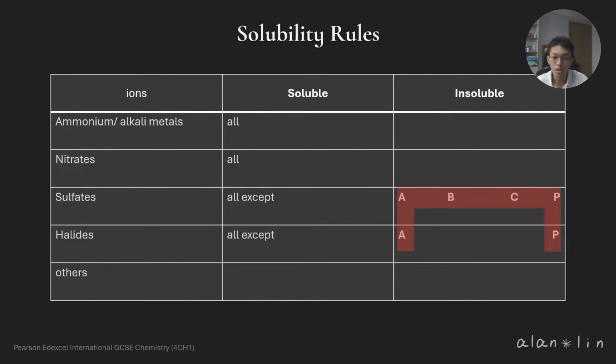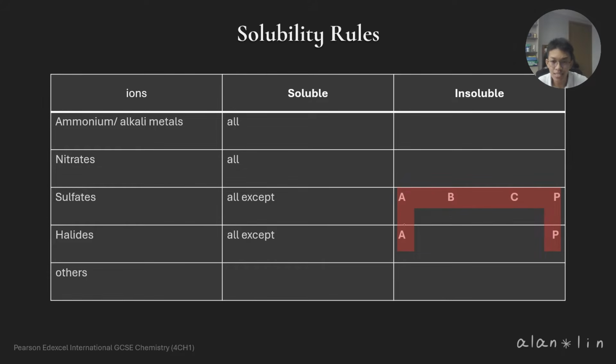Now what about the scenarios in which these exceptions apply? Well, these exceptions of being insoluble are going to apply when the sulfates or halides are paired with certain cations. And these cations are A, B, C, P for sulfates, and A and P for halides.